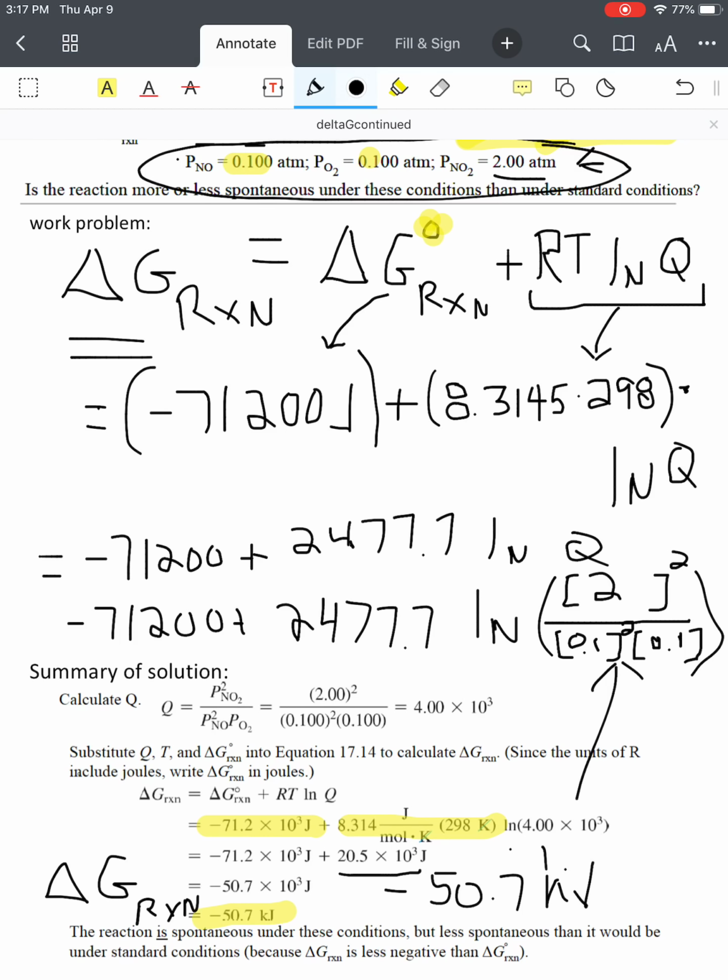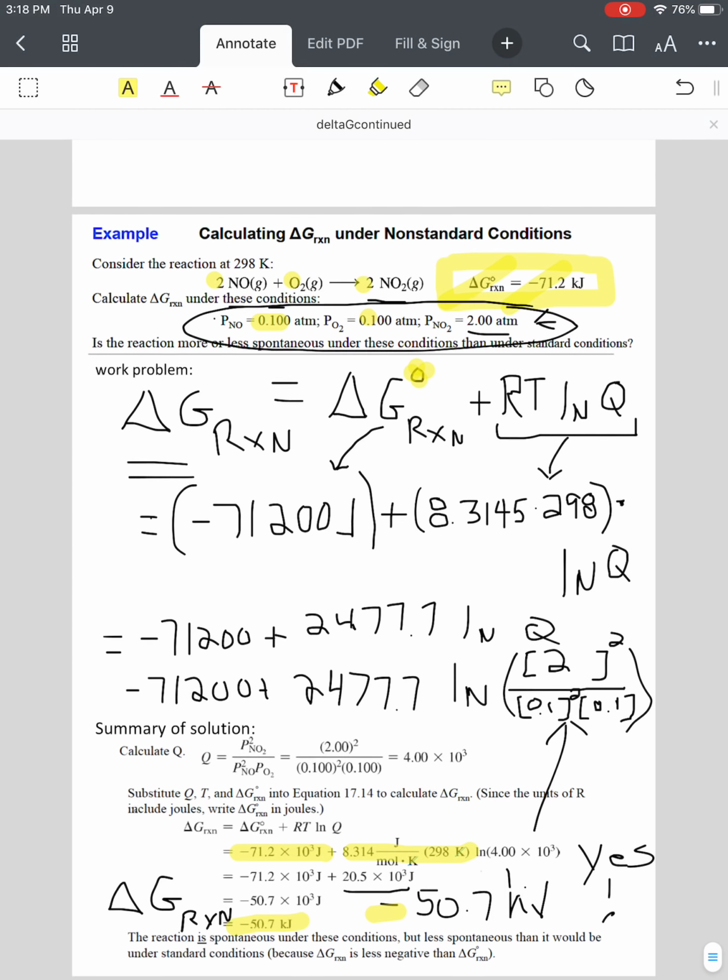So what we have just done is computed the delta G for this reaction under the non-standard conditions. And we found that the sign on delta G was still negative, wasn't it? So would this process be spontaneous? Yes, it would. This process is spontaneous as written. So even though it's under non-standard conditions, it's spontaneous.